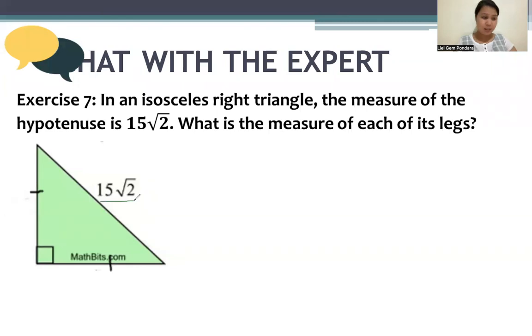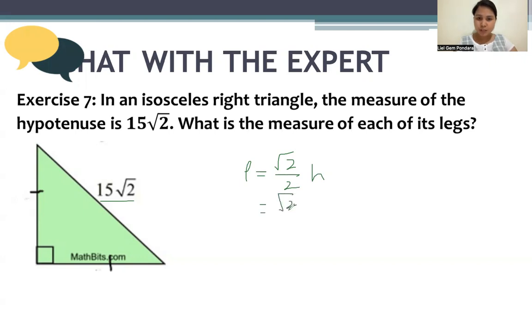What is the measure of each of the legs? Remember, if you're looking for the leg given the hypotenuse, that's going to be square root of 2 over 2 times the hypotenuse. Let us solve.